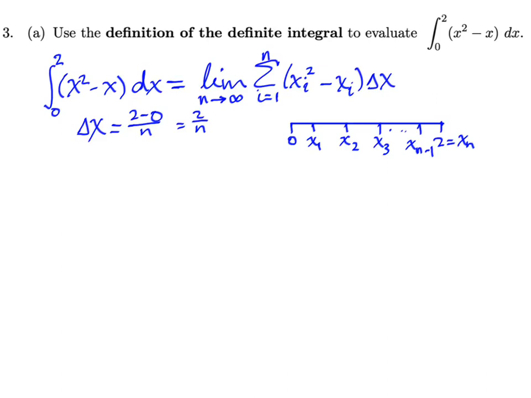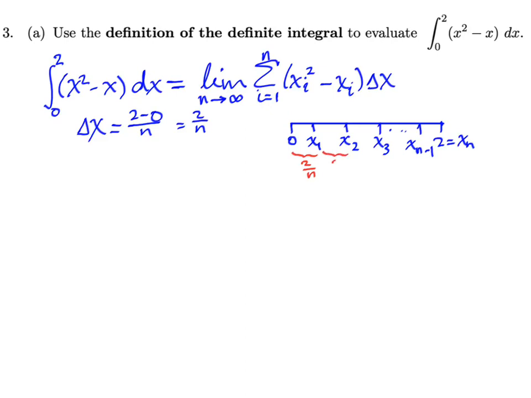We want to get a little formula for the ith right endpoint, x sub i, and we want it to be in terms of i's and n's and nothing else, except maybe some numbers. So let's look at how to get them. The distance from 0 to the first right endpoint, x1, is just 2 over n, the width of the subinterval.